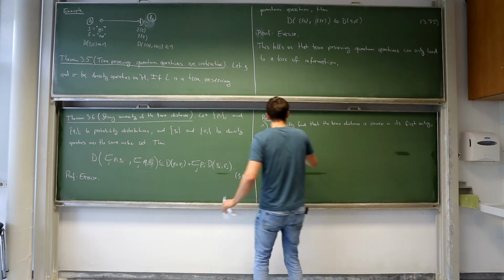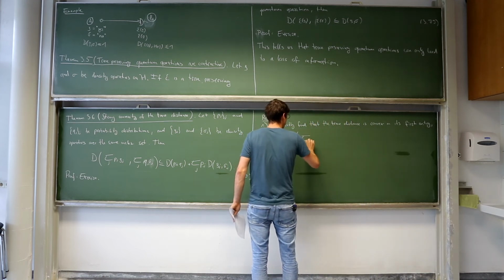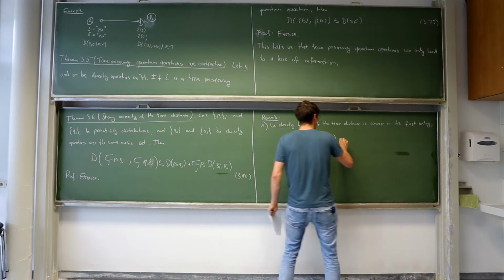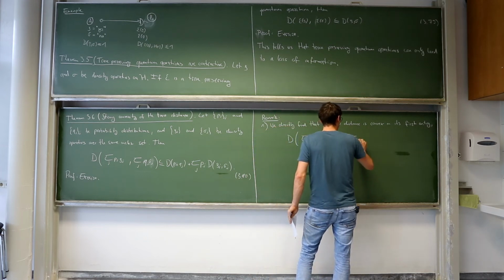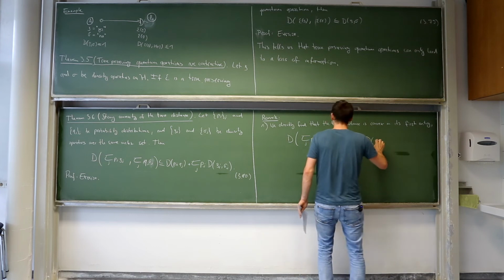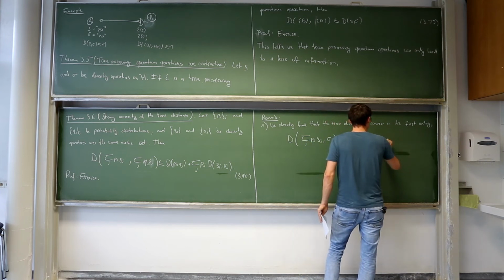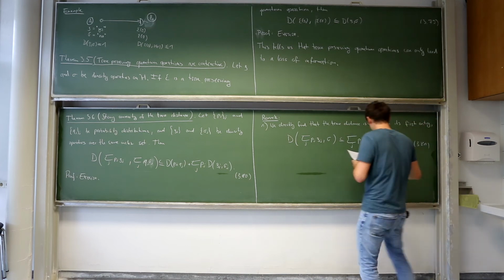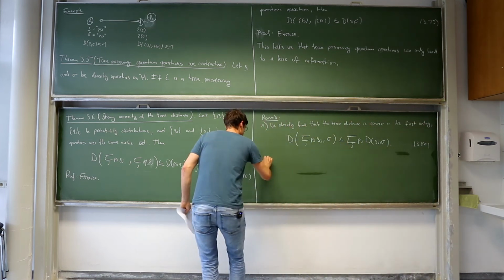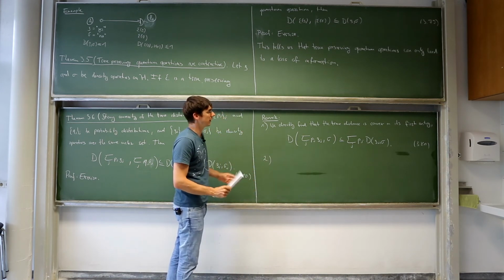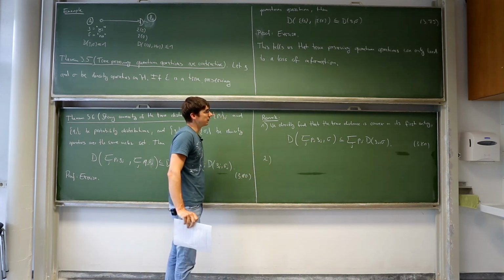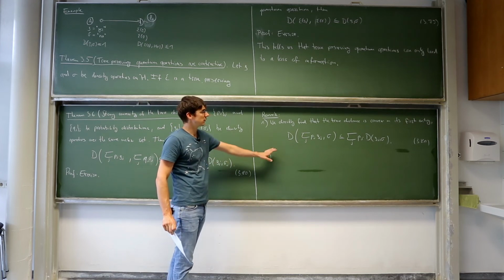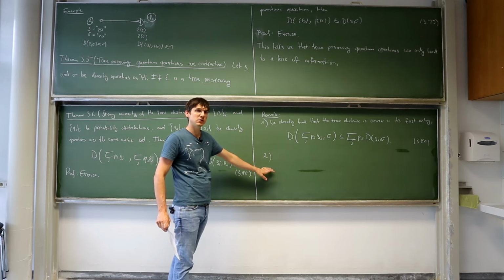Namely, that the trace distance of the sum over j of p_j rho_j with sigma is smaller or equal to the sum over j of p_j times the trace distance of rho_j and sigma. And okay, you might wonder why I specified it to the first entry. By symmetry, the trace distance is also convex in its second entry. Right?